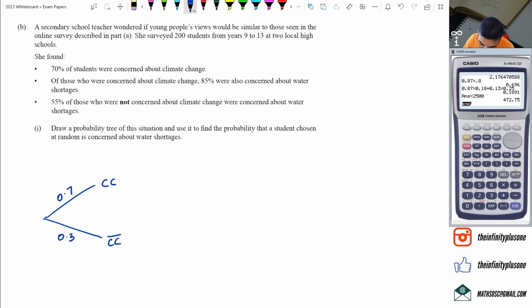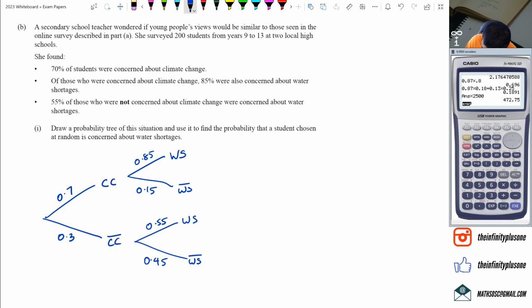Then of those that were worried about climate change, 85% were concerned about water shortage, so water shortage concern is 0.85, and 0.15 is not concerned about water shortage. And then 55% of those who are not concerned about climate change were concerned about water shortage, so this is going to be 0.55 and then 0.45 where they are not concerned about water shortage.